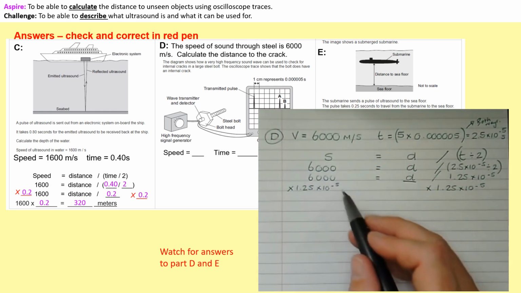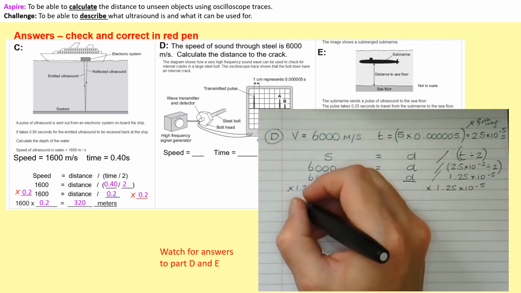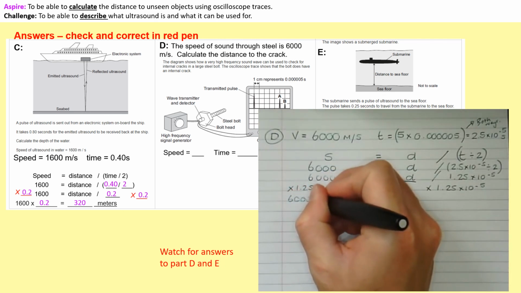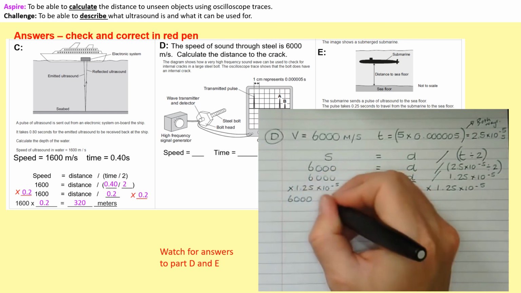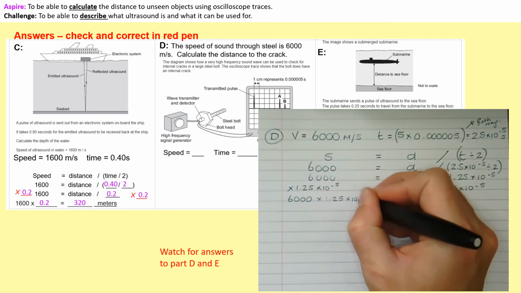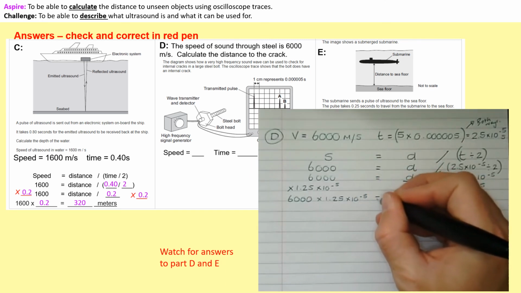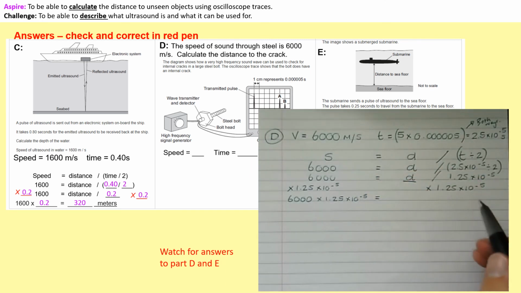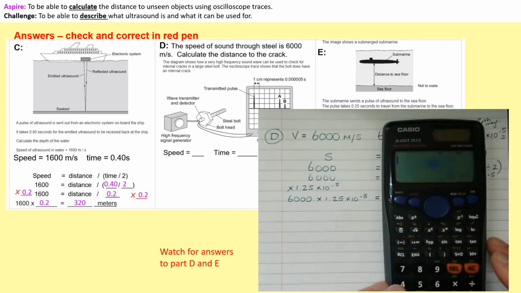Okay, so let's now simplify this down. So 6,000 times by 1.25 times 10 to the minus 5 is equal to D, because this is a divide and a times, so they're going to cancel each other out. So let's do that sum. 6,000 times 1.25 times 10 to the minus 5 equals 0.075.